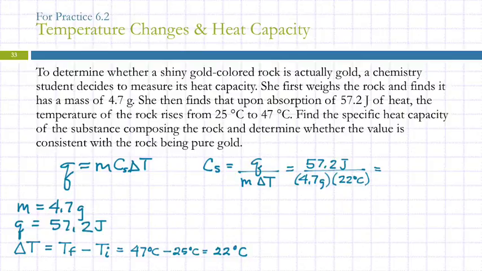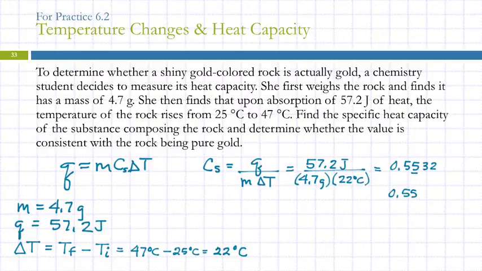So we have 57.2 divided by 4.7 divided by 22. 0.5532. This should have two significant figures because the mass and the temperature change have two sig figs. So it's going to be 0.55.